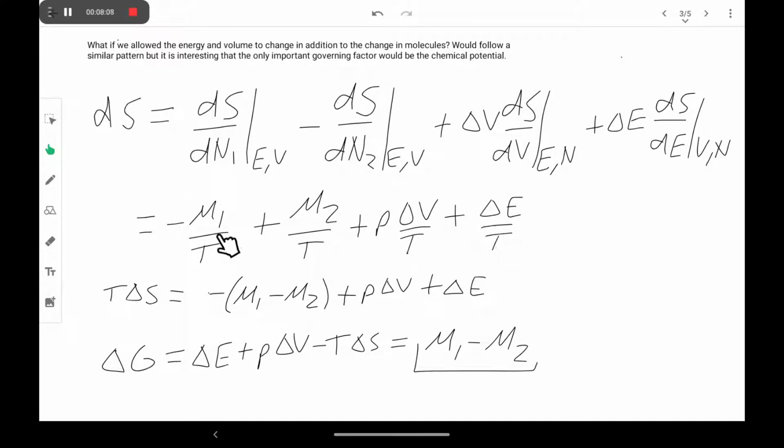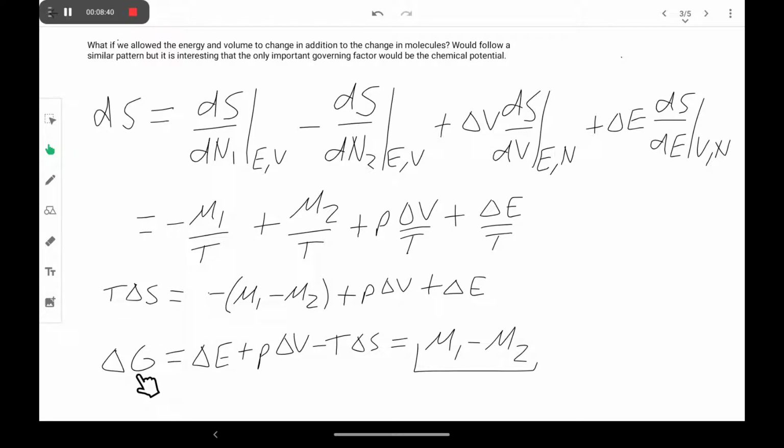And so plugging all those in, and then multiplying out the T, we get T delta S on that side, and grouping it this way, we have our chemical potential contribution, we have our mechanical work done by expanding or contracting, and then we have our change in energy. This could be internal energies or some other potential energy and kinetic energy.